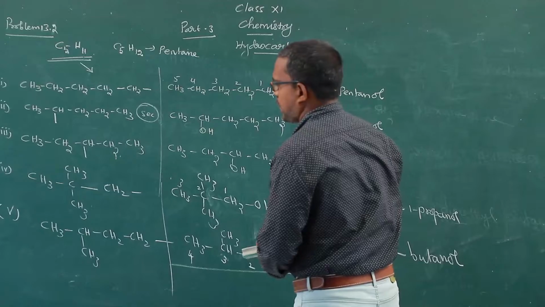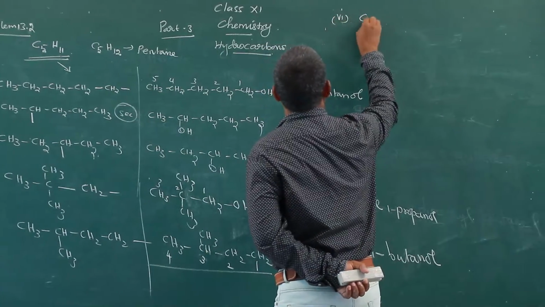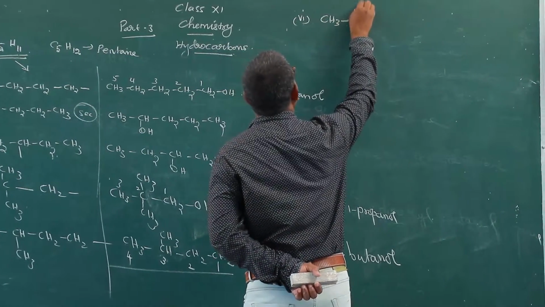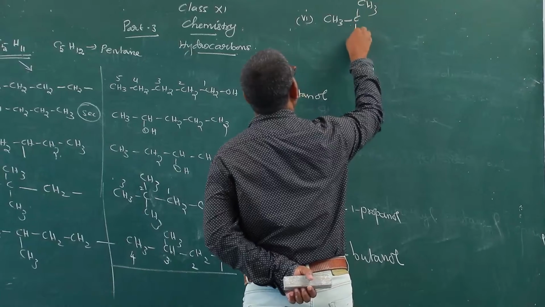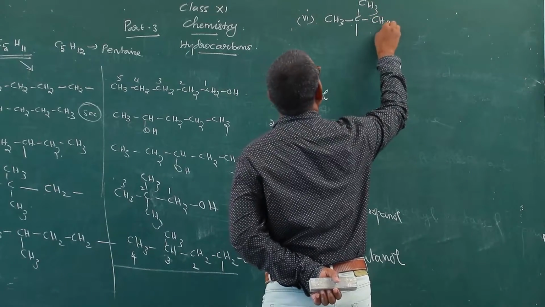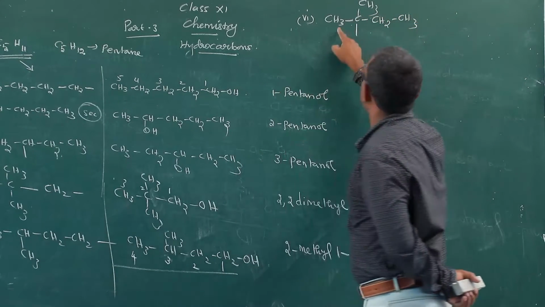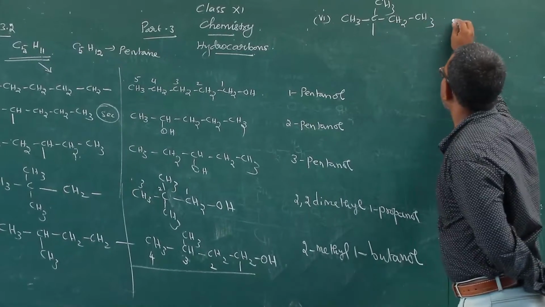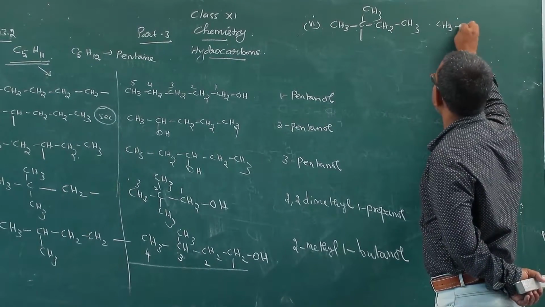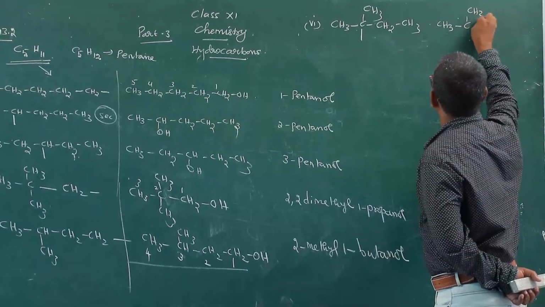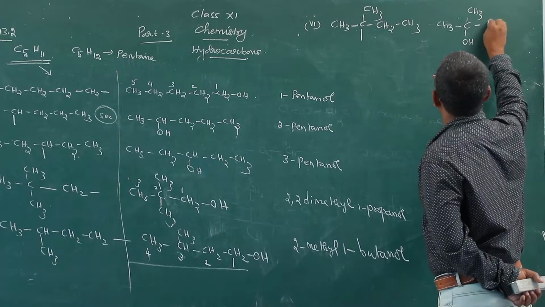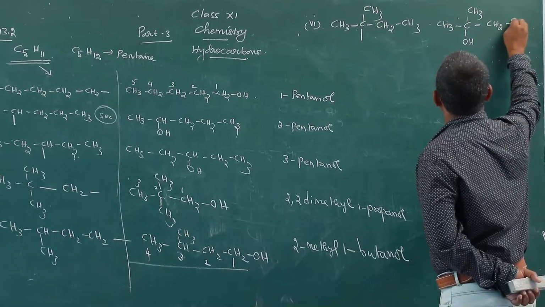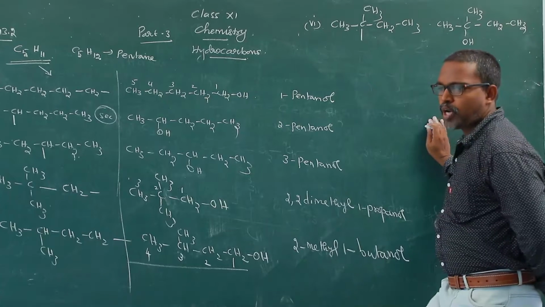The next member is the sixth: CH3, C, CH3, CH2, CH3, totally 5 carbon atoms. The alcohol compound is CH3, C(OH), CH3, CH2, CH3. What is the IUPAC name?